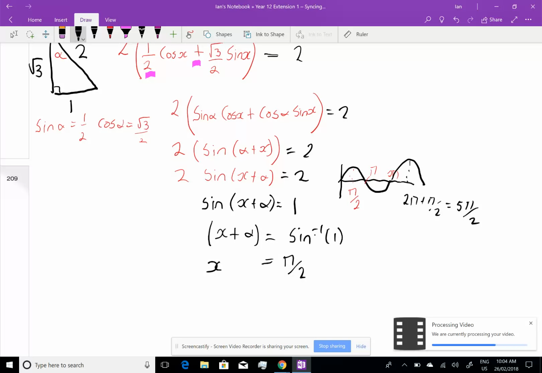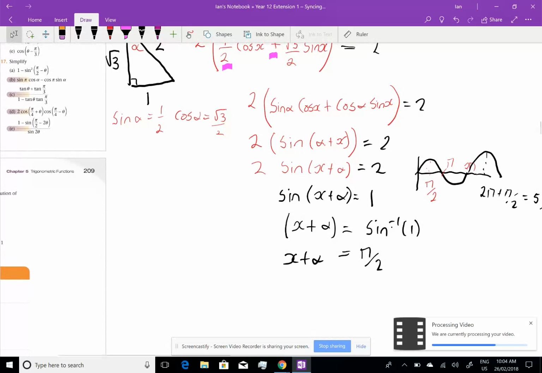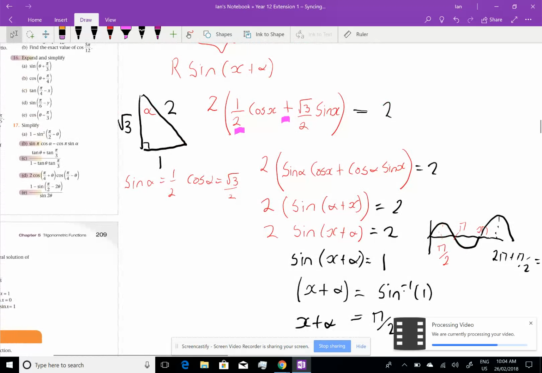So x plus alpha equals pi on 2. Well, we know what alpha is. If we go over here, this is our right angle triangle. Alpha equals that angle in there, which is pi on 6. This angle in here is pi on 3. You could go inverse sine of a half, and it would tell you that it's 30, and then you'd have to convert it.